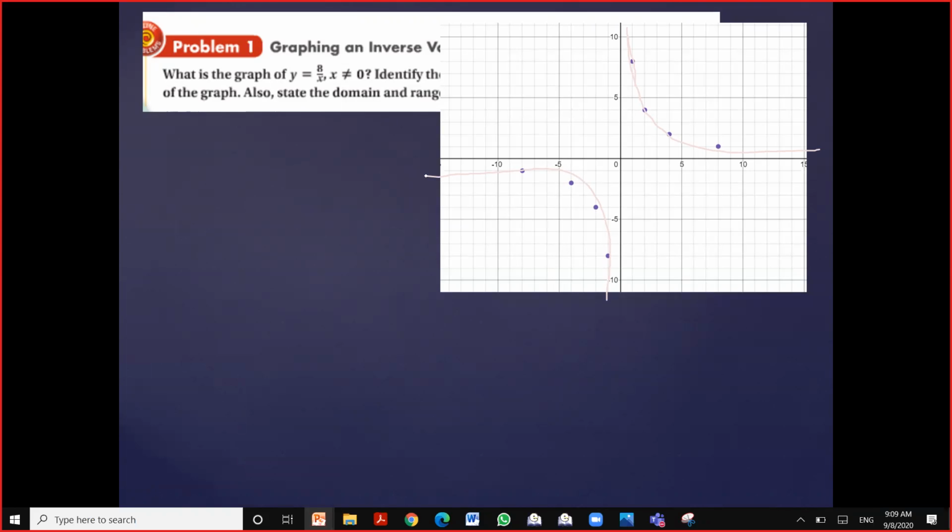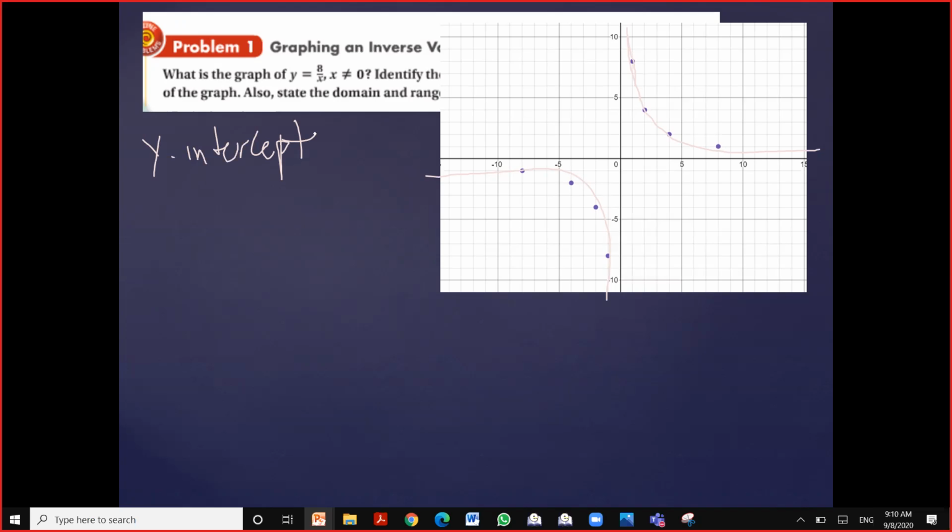Okay, now I want to identify the intercepts. What is the meaning of y-intercept? I will ask myself, look at this graph. Does the graph touch the y-axis?